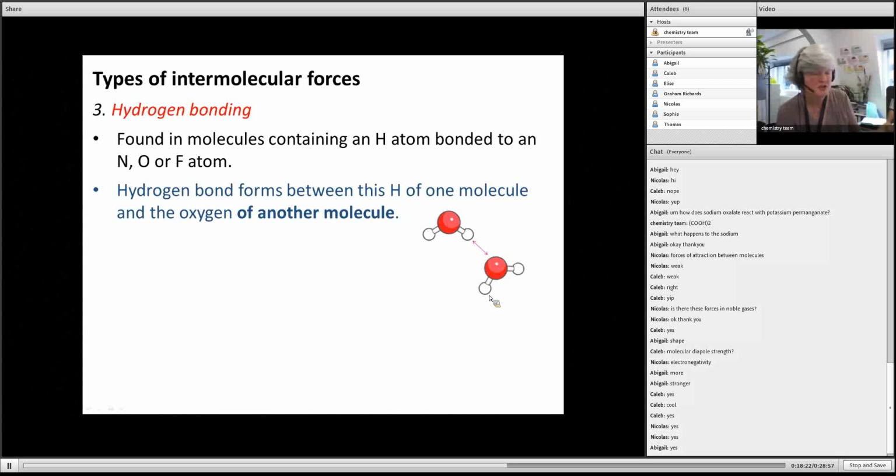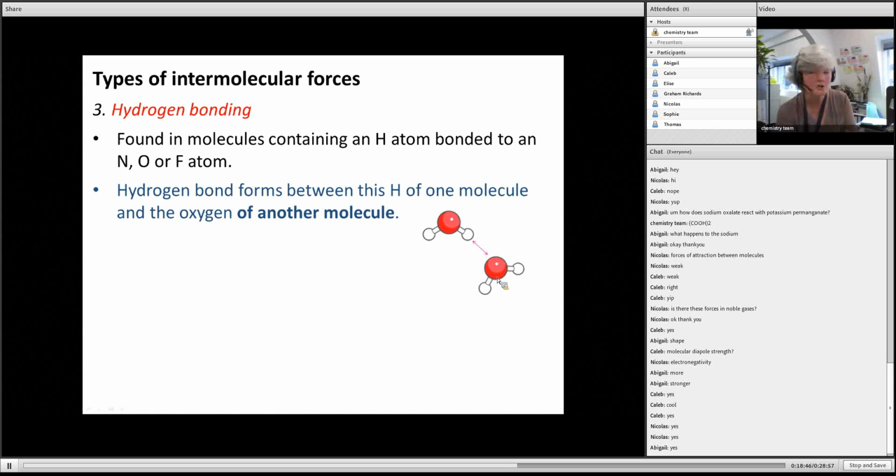Because when you're trying to explain hydrogen bonding, you first of all got to explain that a hydrogen must be covalently bonded to an oxygen to get that naked hydrogen effect. Okay, so that's like your naked hydrogen. And then the actual hydrogen bond is between the hydrogen of one molecule with the oxygen of another molecule.